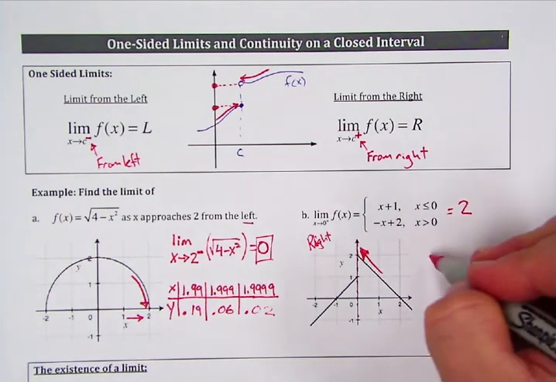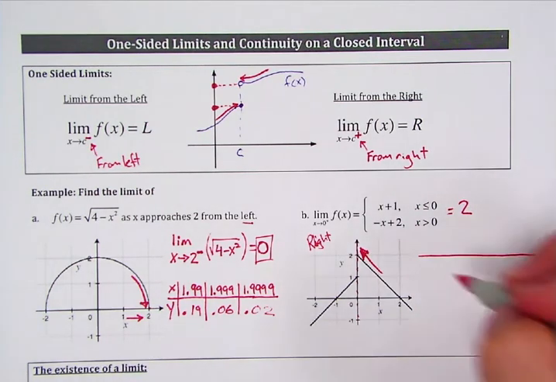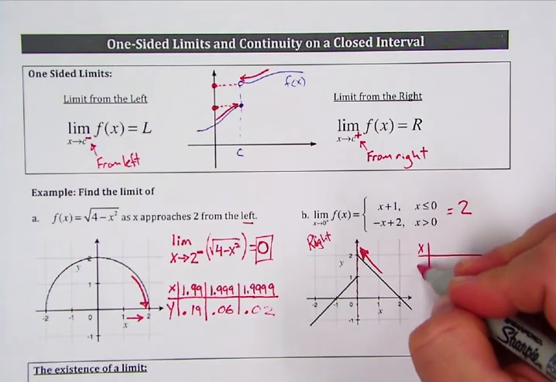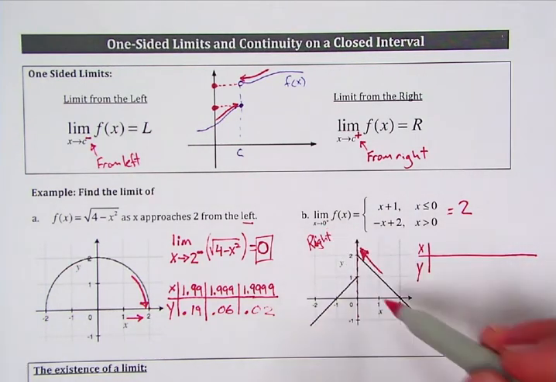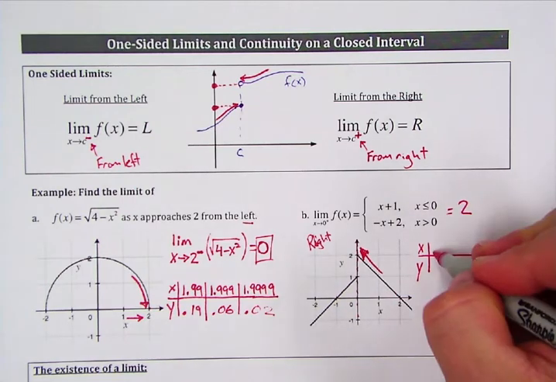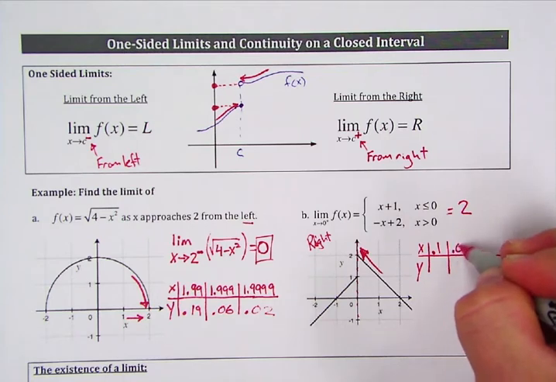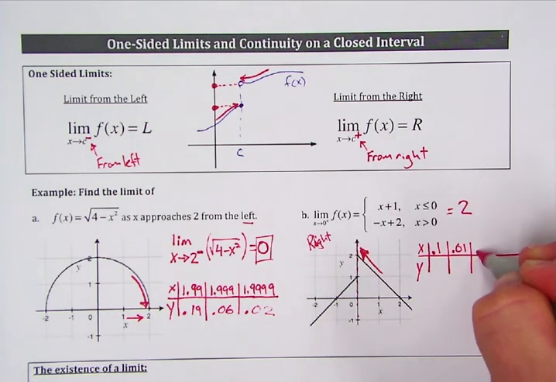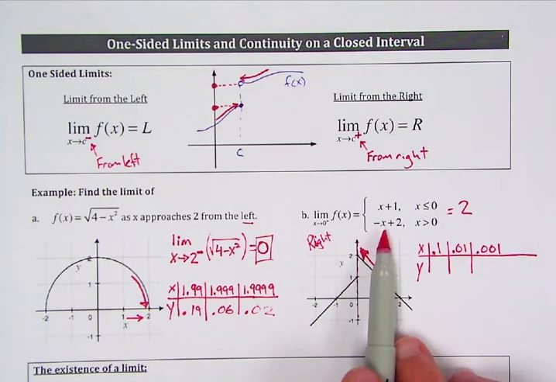If we go ahead and set up our table of values, we're getting closer to 0 from the right, so we're going to start positive and then get smaller. So 0.01, 0.001, and we could probably just do this one in our head here.